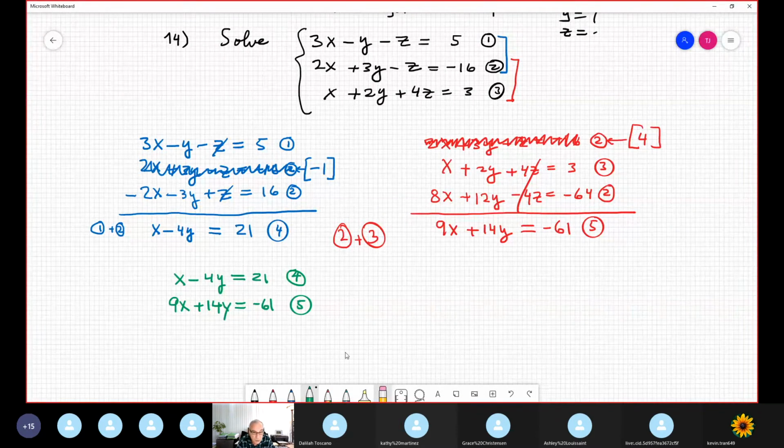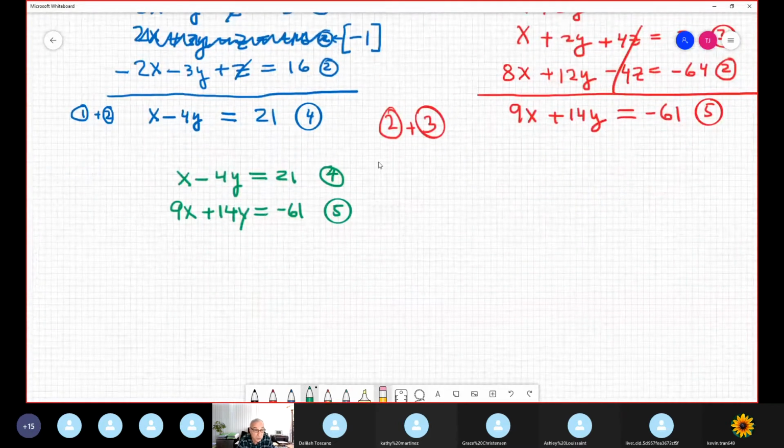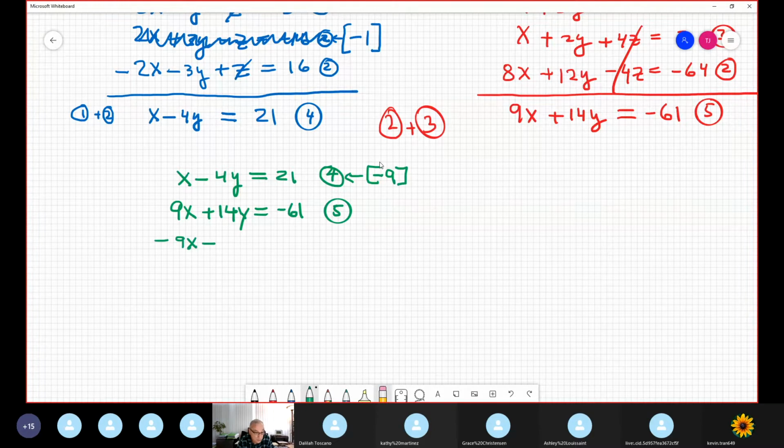So we focus on the linear system of equations that contains only two unknowns, in green color. I propose you multiply equation 4 by negative 9. What is my goal? Negative 9 times x is negative 9x. And this is positive 36y.